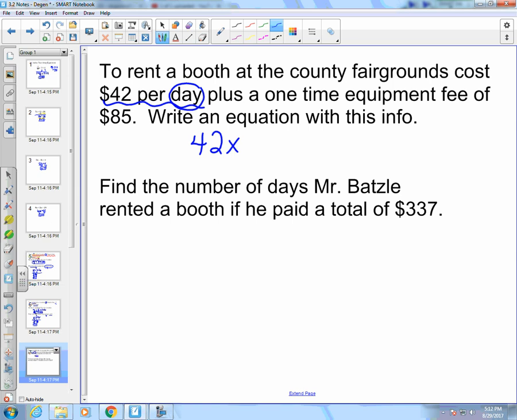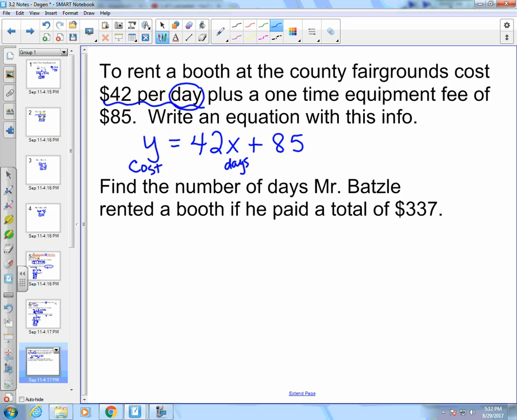That's $42 times the number of days. Plus there is an equipment fee, $85. And all together, that is going to equal y. And y would be our total cost, whereas x is our number of days. So start out with writing an equation.